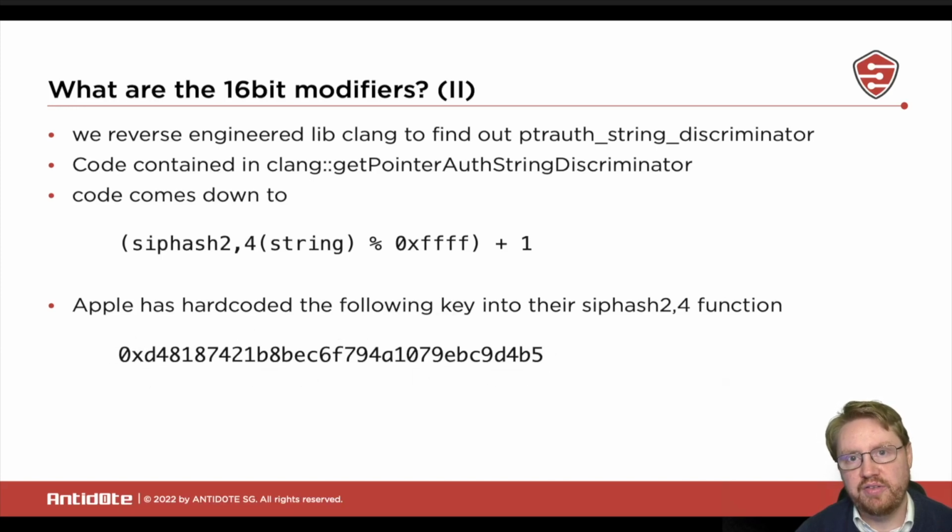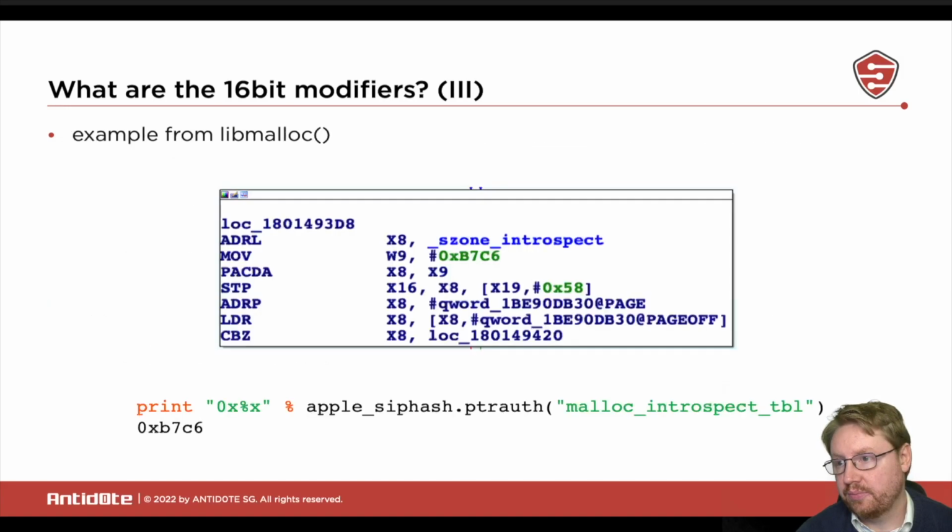And now, if you take an open source SipHash 2-4 implementation from the internet, and you use this key here, you will be able to basically calculate the modifier values. So here again, we have our example from libmalloc. We have here our zone introspect.